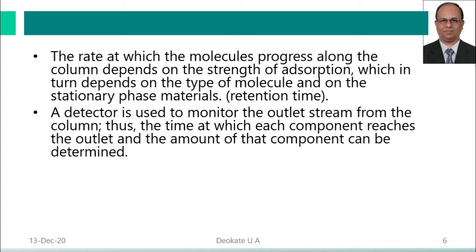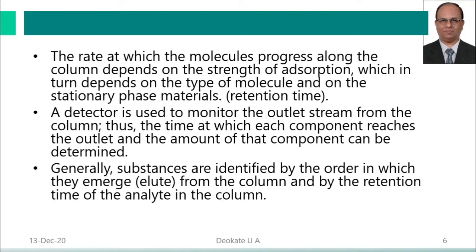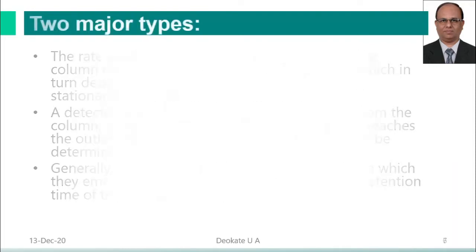The time at which each component reaches the outlet and the amount of that component can be determined by studying this chromatogram. Generally, substances are identified by the order in which they emerge, that is, are eluted from the column, and by the retention time of the analyte in the column.